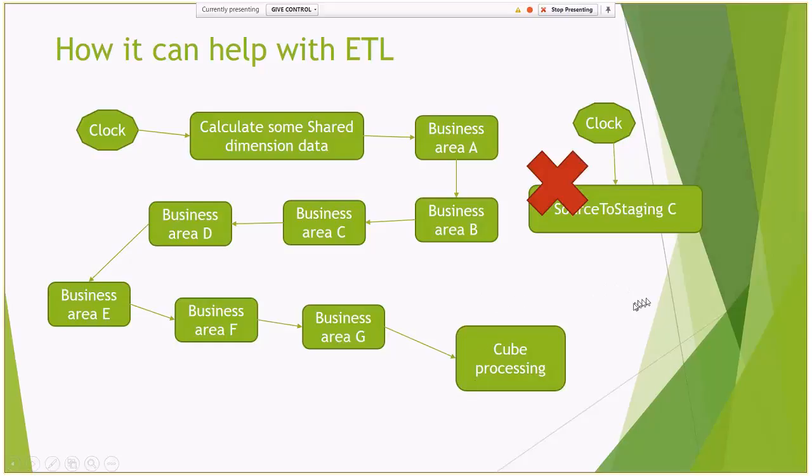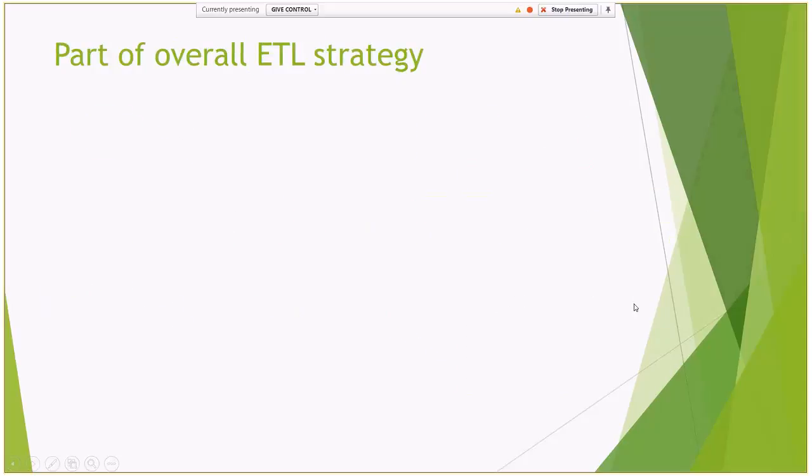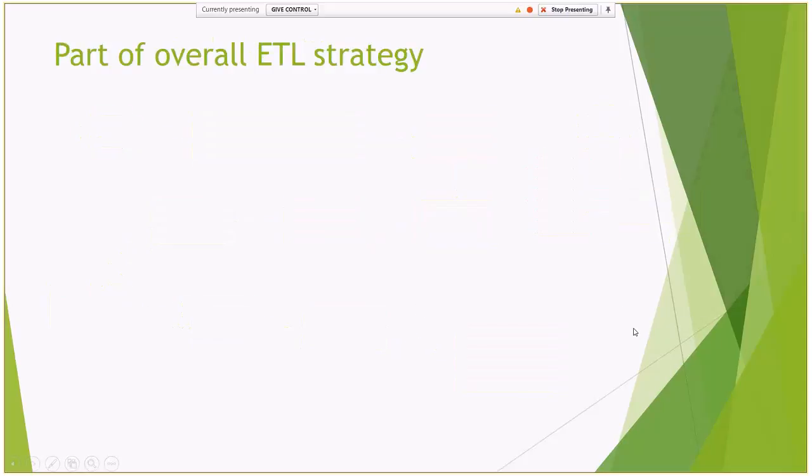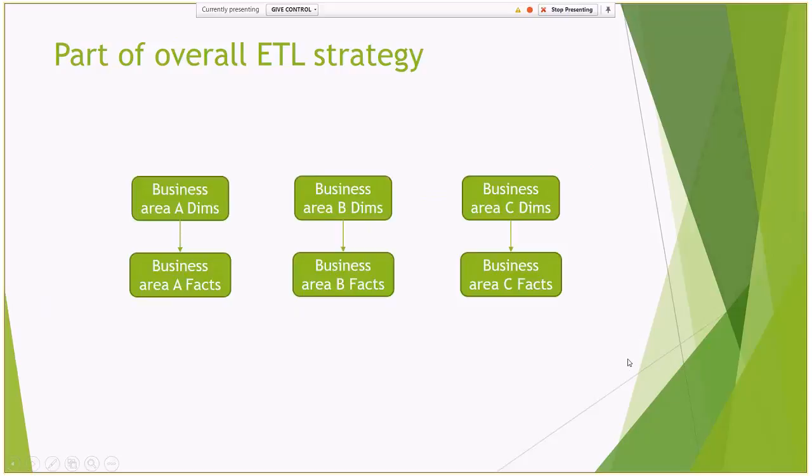Right? Is this schematic assuming you have to process each business area A through G differently? Yes. Okay. I mean, this is a really bad example I'm showing. So hopefully, your eventual ETL goal is this.